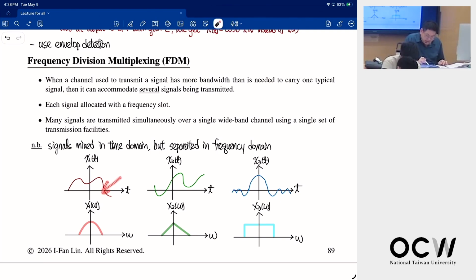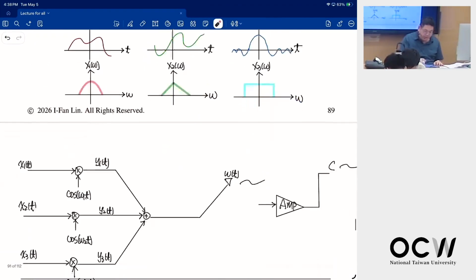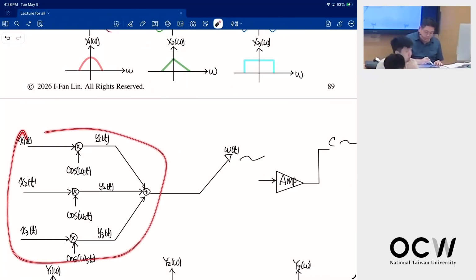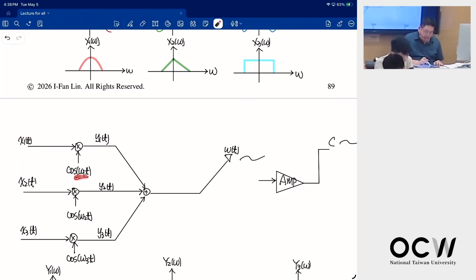This one I times cosine omega 1 t. This one I times cosine omega 2 t. This I have a different omega 3 t. Every time we times the cosine, it's like doing the modulation. So in the frequency domain, I shift your signal, but I shift by different omega, and then add it together.